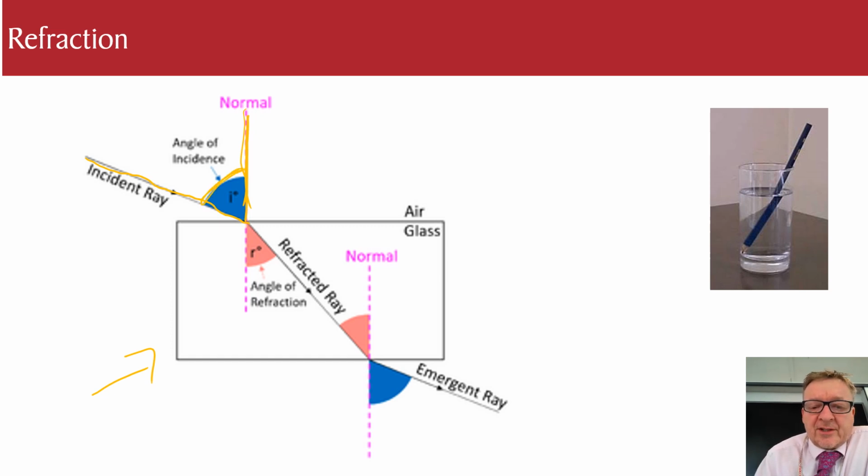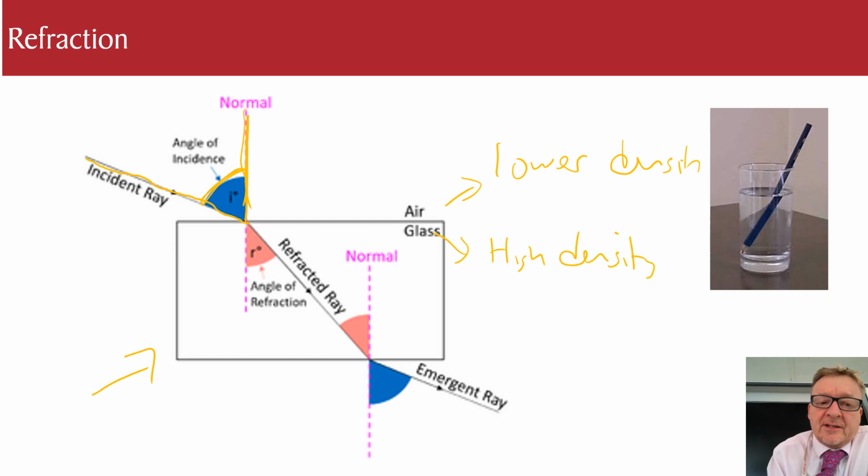When it reaches the glass block, what it does, air, right, is lower density than glass. So glass is higher density, right? And refraction is all about the density. So the incident ray comes in, it goes from a low density to a high density, and what it does is it goes towards the normal.